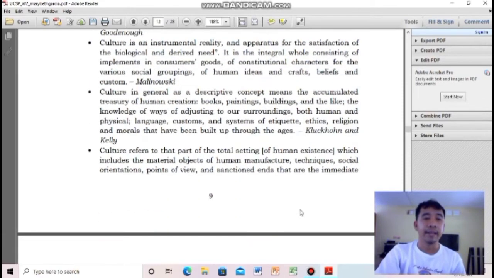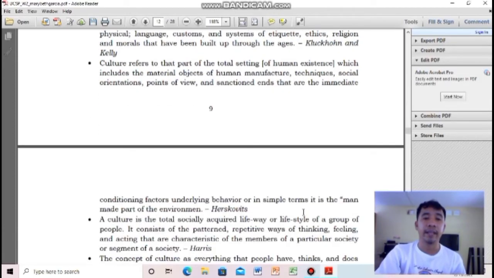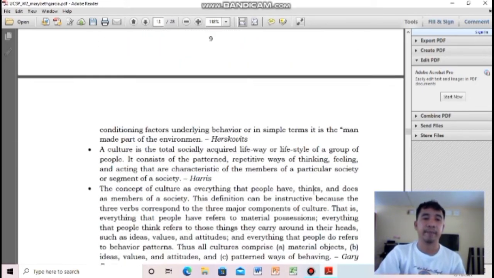Okay. Next, we have, according kay Herskovits, culture refers to the part of the total setting of human existence which includes material objects, no? Sa example na ang mga manufacture techniques, points of view, mga layi, no, nga made sa tao to be part of the environment.